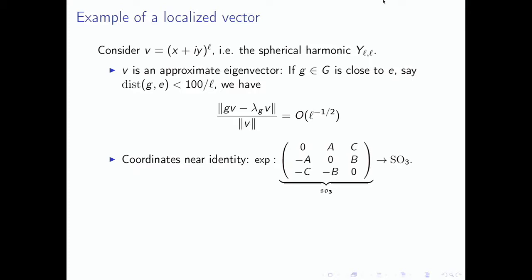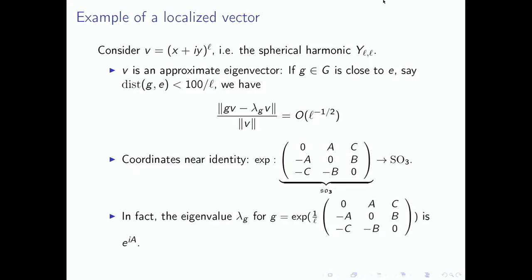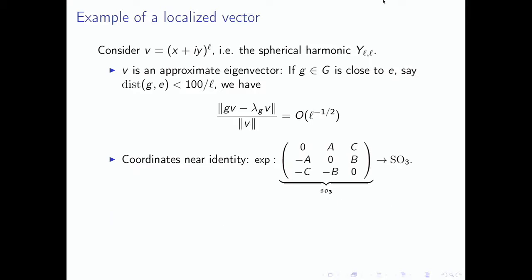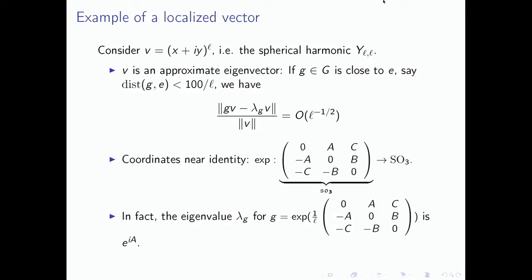So I'm going to use that to coordinatize this. If I take a skew-symmetric matrix A, I scale it down by L, so I'm at this scale of 1 over L near the identity, then the approximate eigenvalue lambda G is e to the iA. Okay, so you can just check that.